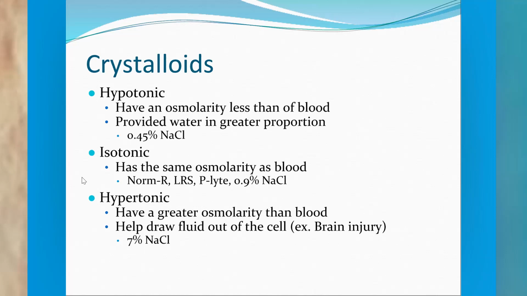And so it's not the blood cell itself, it's out of the tissue of where you want the fluid to come out of. So it's taking that swollen brain and drawing the fluid out of that and bringing it into the vascular space, because hypertonic saline means a lot of salt, right?